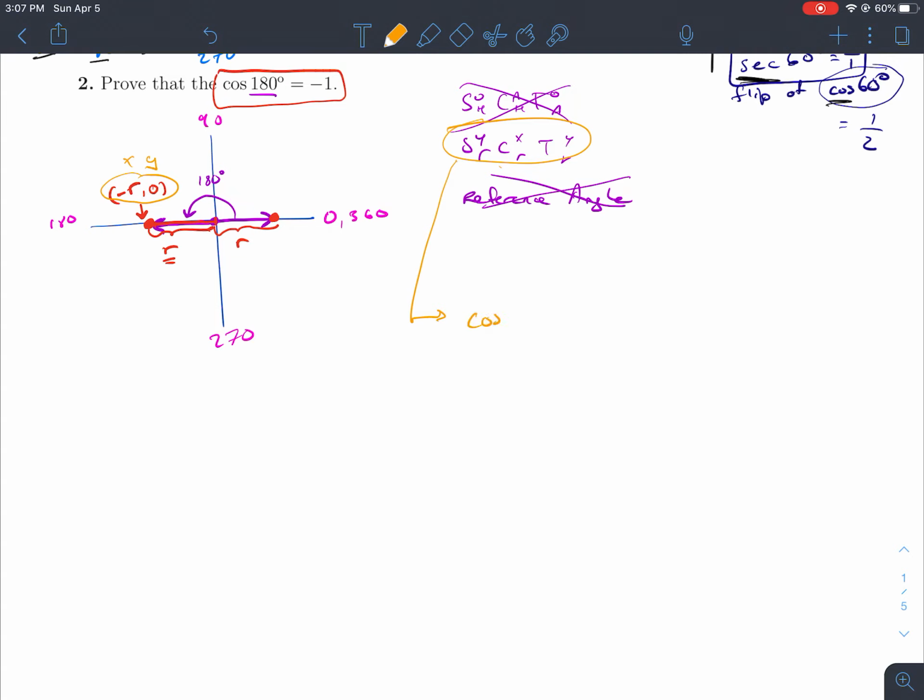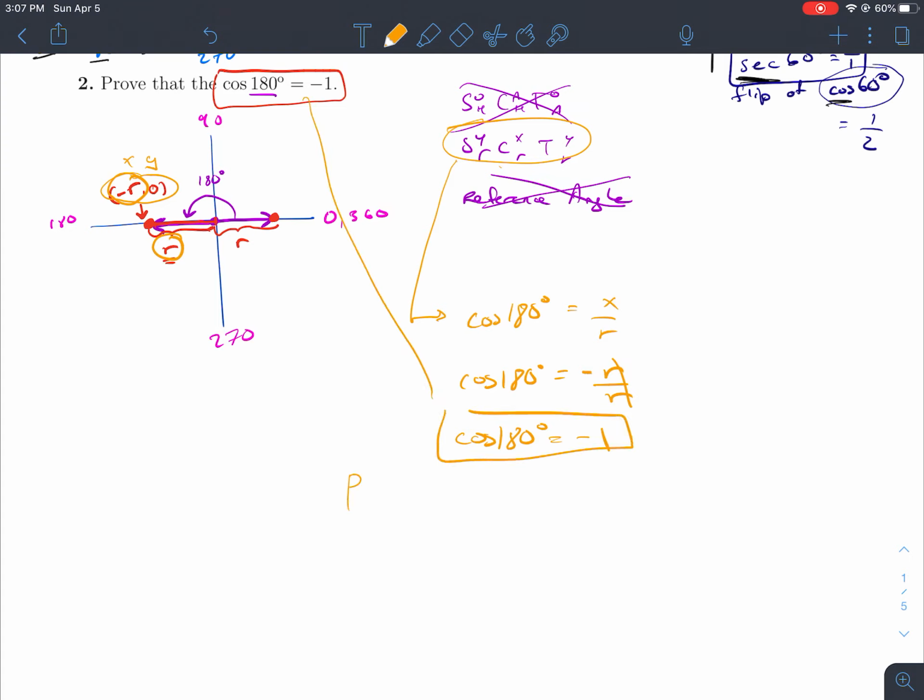So we know that the cosine of 180 degrees is equal to x over r, the distance. R divided by r is 1, so we get negative 1. And thus, the cosine of 180 degrees must be negative 1. Proved it.